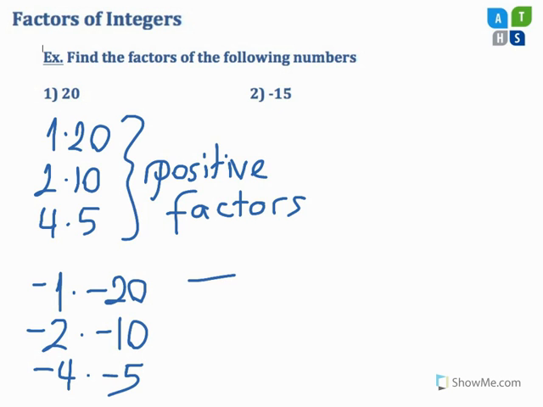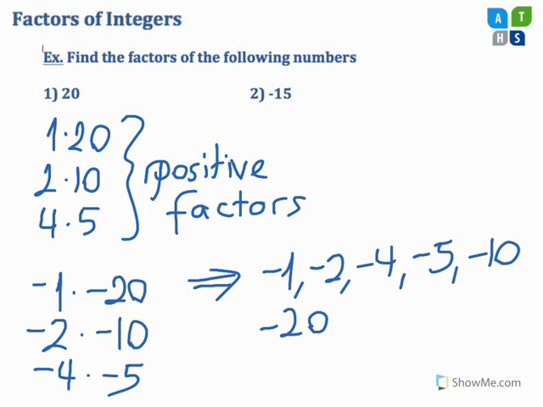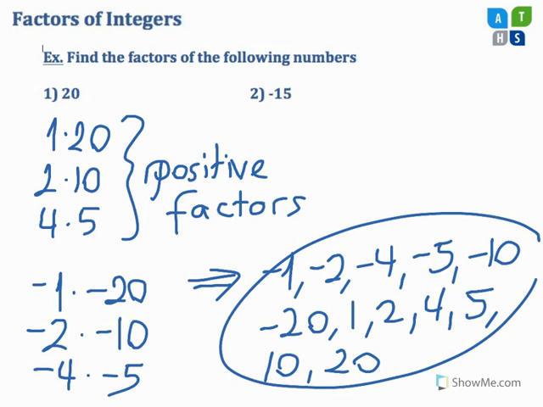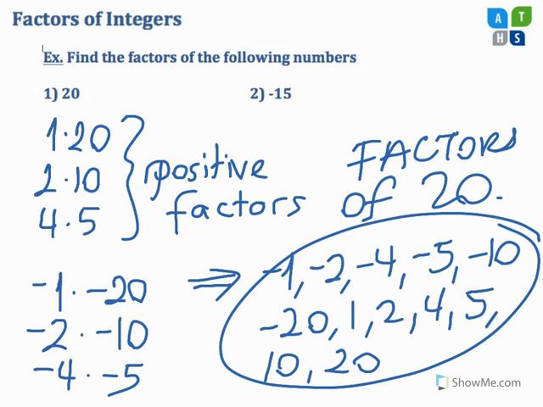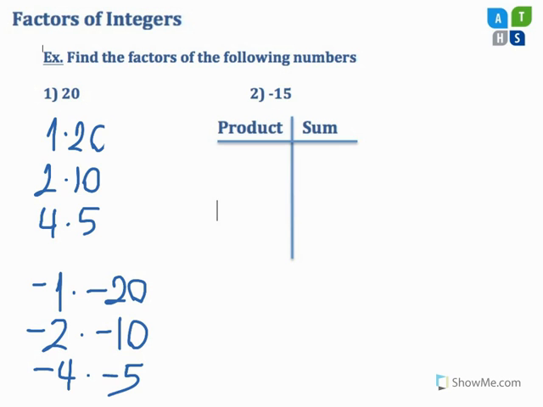So, in here we can say that minus 1, minus 2, minus 4, minus 5, minus 10, minus 20, and 1, 2, 4, 5, 10, and 20. All these numbers are factors of 20. We will rather deal with something else.